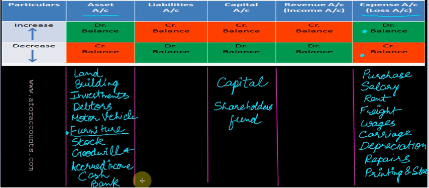But bank overdraft means you don't have that much money and you are withdrawing more money than what you have in the bank. So sooner or later you will have to pay it to the bank. So bank overdraft is a liability to your business.